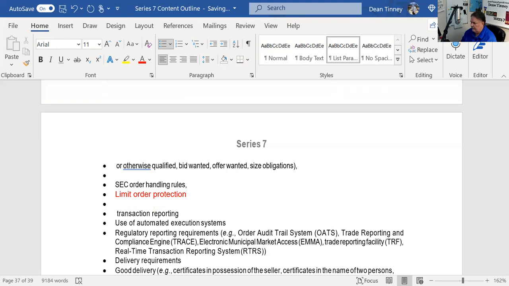And so what the order handling rules say, what the Manning rules say, is that if I'm holding a customer buy limit or sell limit, I can't trade at a price that isn't better than my customer's.